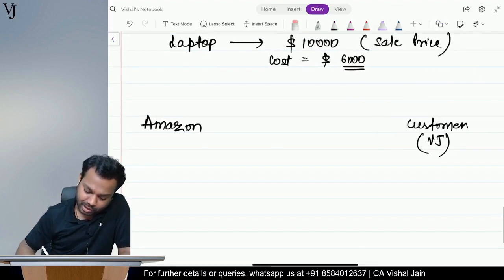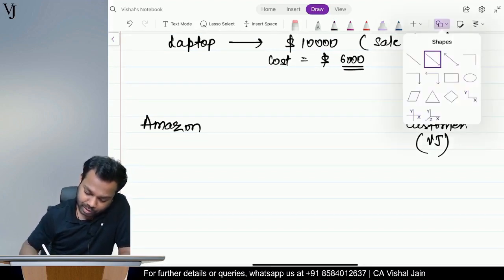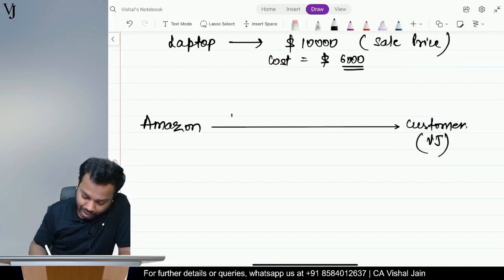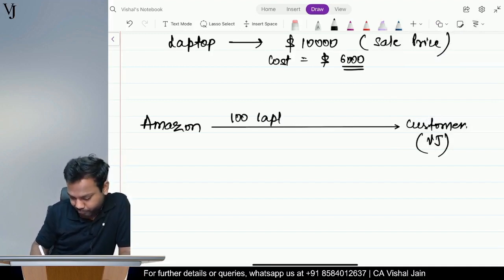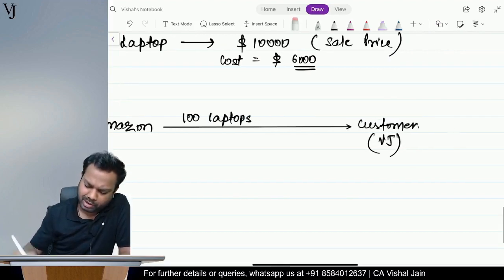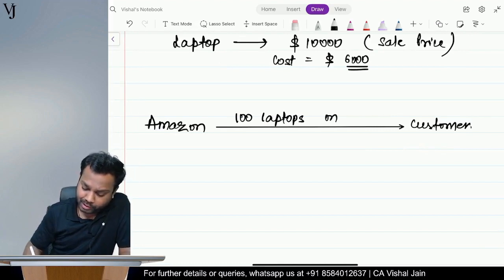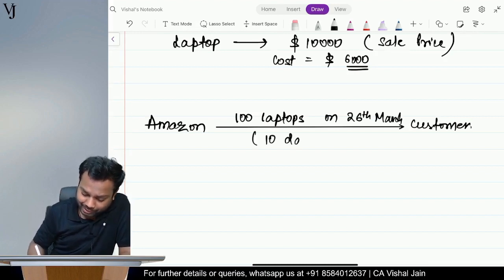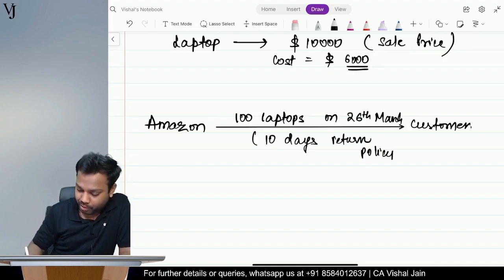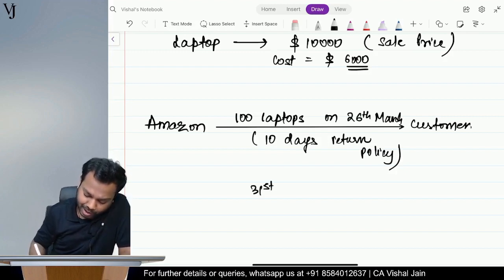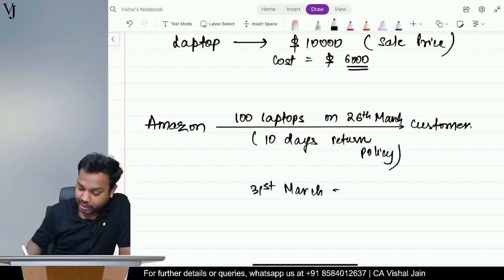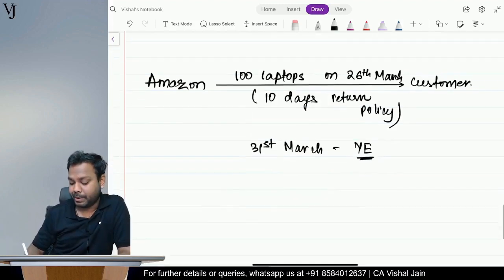Amazon sold 100 laptops to a customer, any customer, on let's suppose 26th of March, and the laptops were sold with a 10 days return policy. And 31st March is the year end.